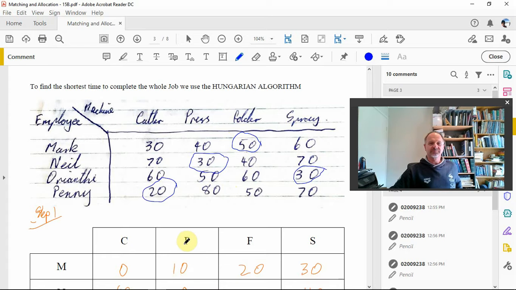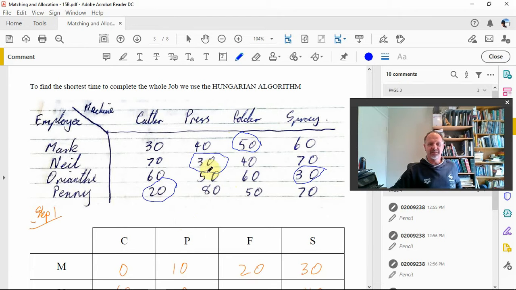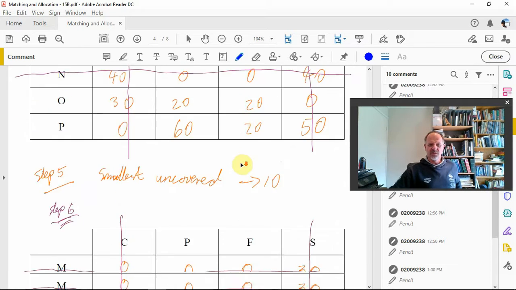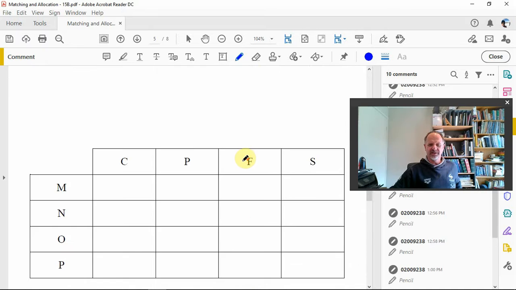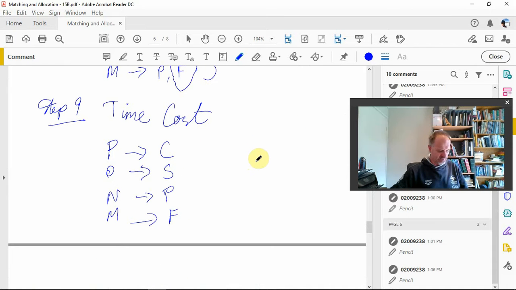All right. And as I said, at the start, it didn't matter which one we do, because with those two people, 30 plus 50 is 80, and if I had it the other way, 40 plus 40 was 80. So it's the same time cost for whoever. All right, so now we need to transcribe those down, because I've got a sheet of paper sitting next to me. I can figure that out much more easily.